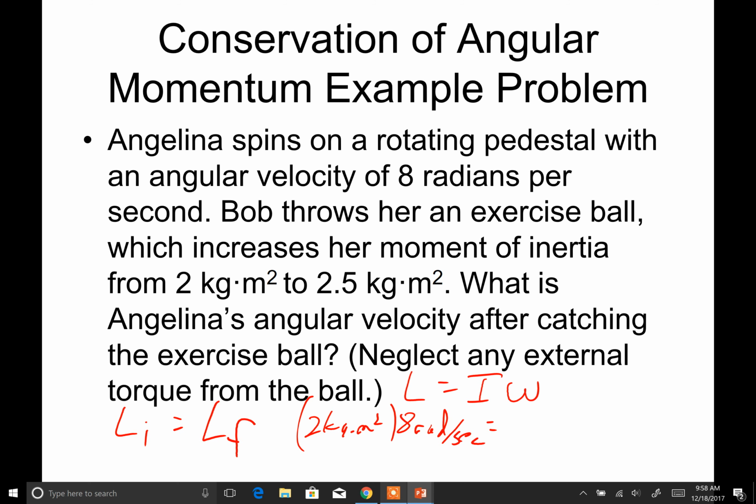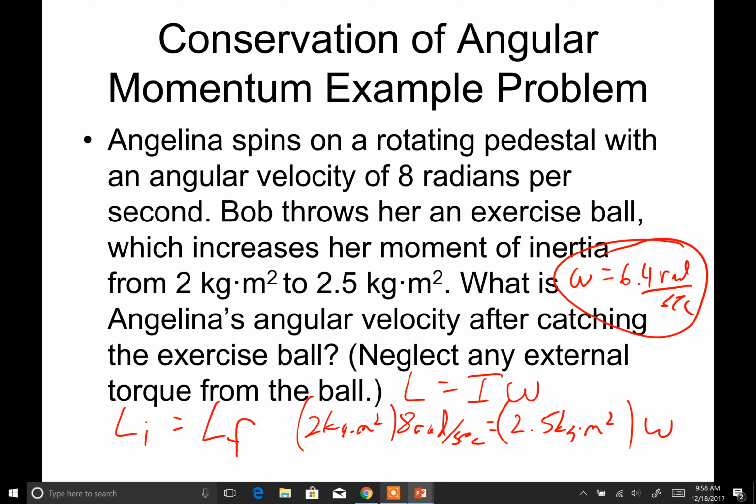That's going to be equal to her final angular momentum, which is going to be her new moment of inertia, 2.5, times her new angular velocity. So let's solve that for the angular velocity: 2 times 8 divided by 2.5. She's going to have a new angular velocity of 6.4 radians per second. So since the moment of inertia increased, the angular velocity decreased.